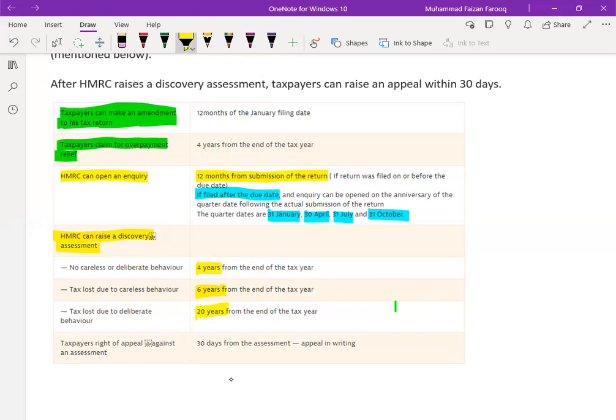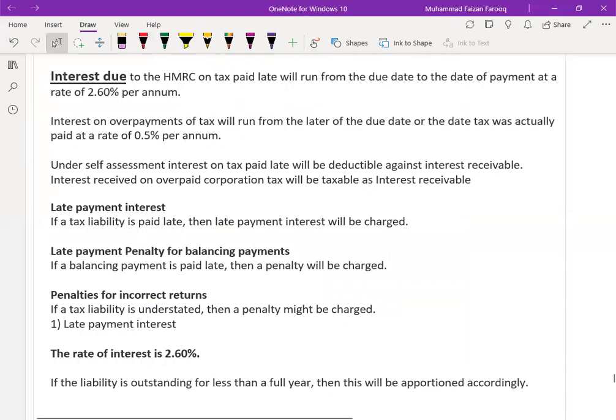And if they open an assessment against you, an inquiry against you, you can go for an appeal against the assessment in writing. And we already know that an appeal can be in the upper tribunal or lower tribunal. Then the last topic of this chapter is interest. If you paid your tax late to the government, they will charge you 2.6% per annum.